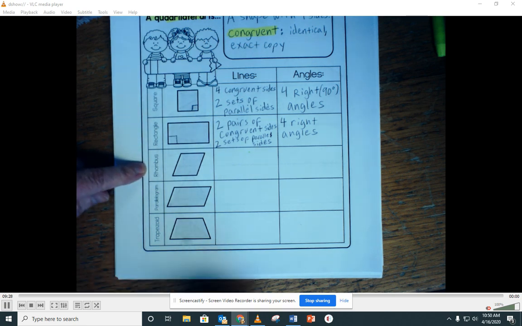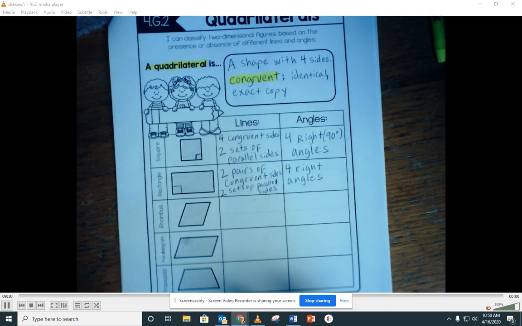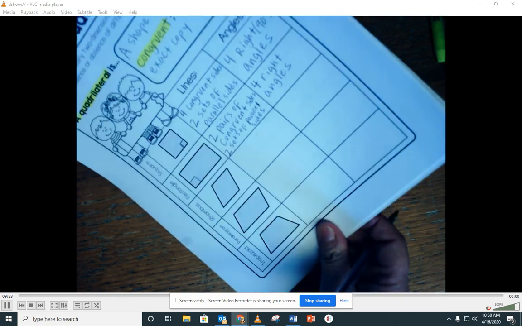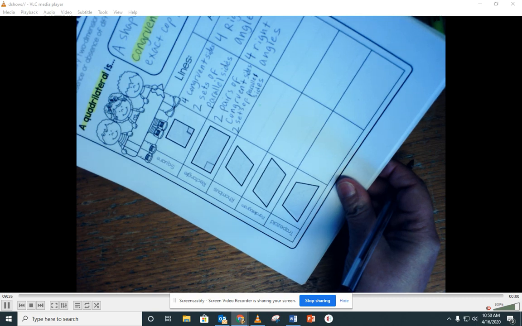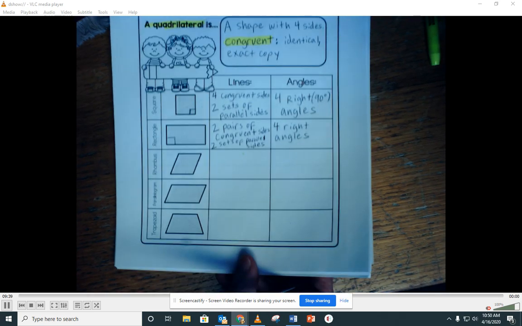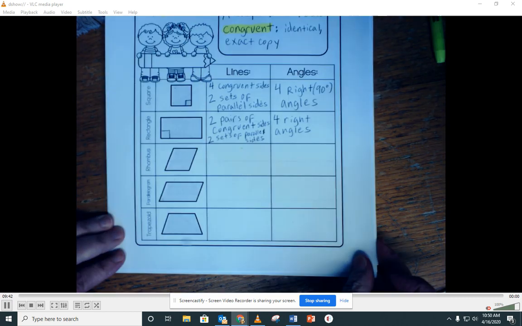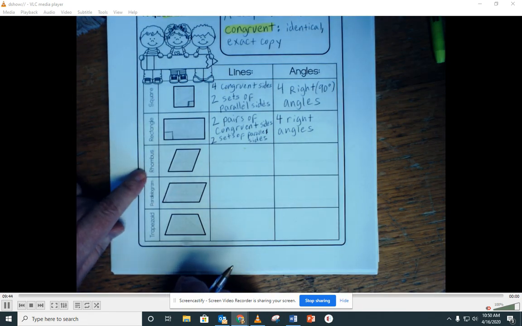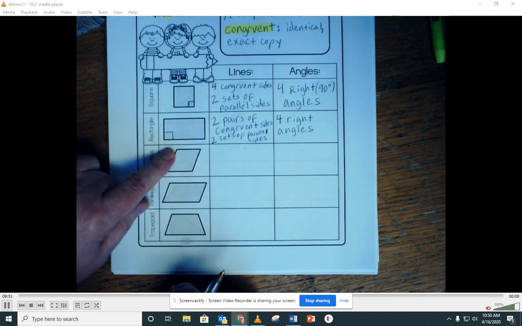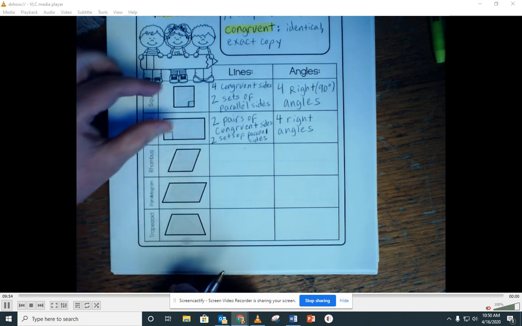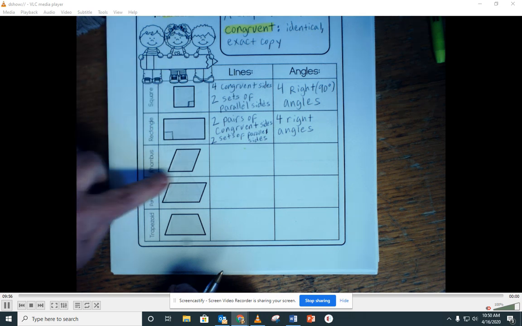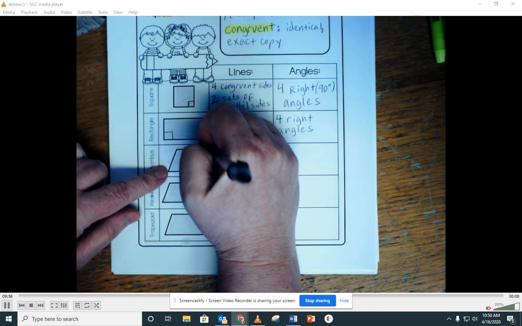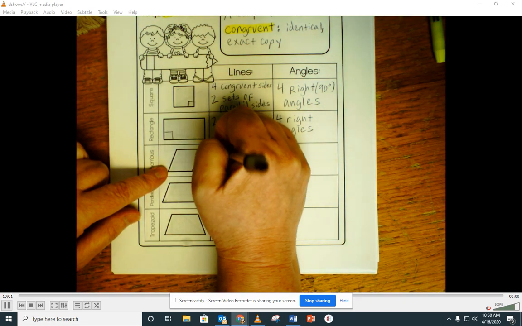Sometimes we call this a diamond, because if a rhombus is standing up this way, it looks like a diamond shape. But the correct geometry vocabulary term for this shape is a rhombus. If we look at the sides, all of the sides are the same length. It's like you took a square and squished it one way. So we have four congruent sides.